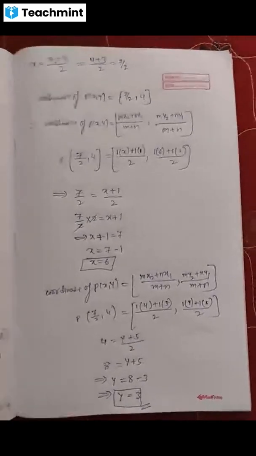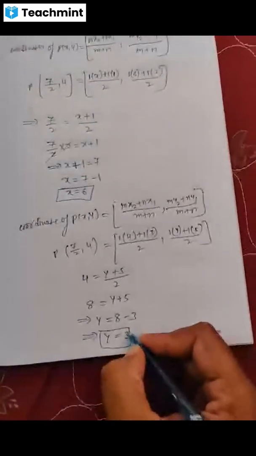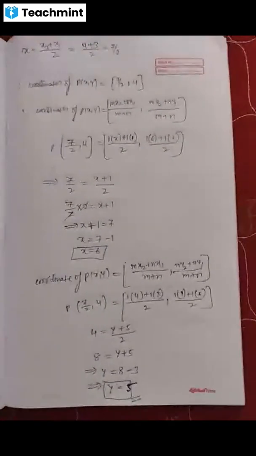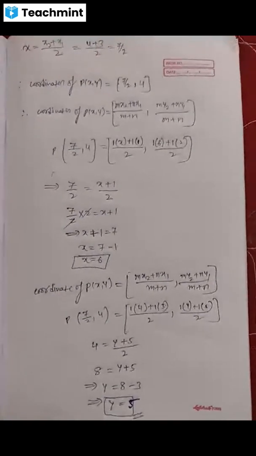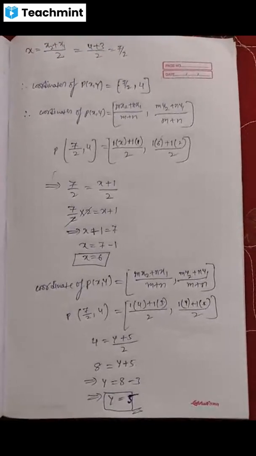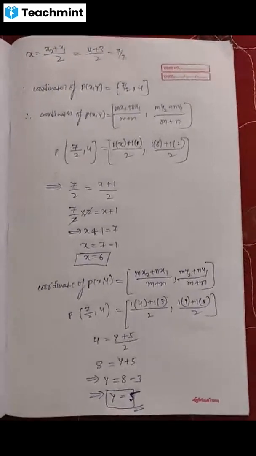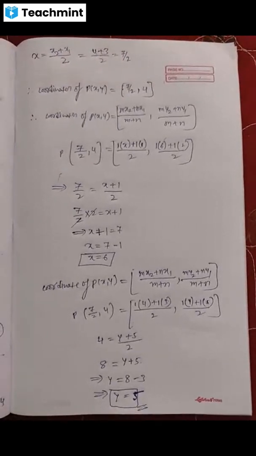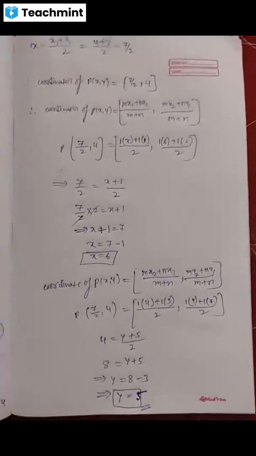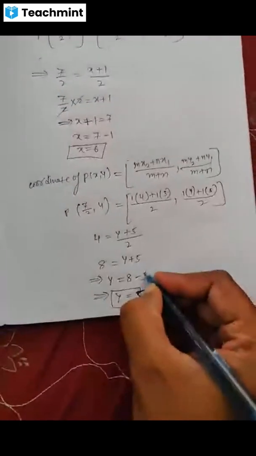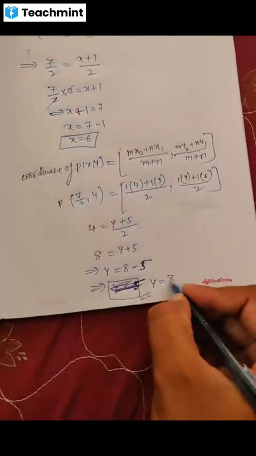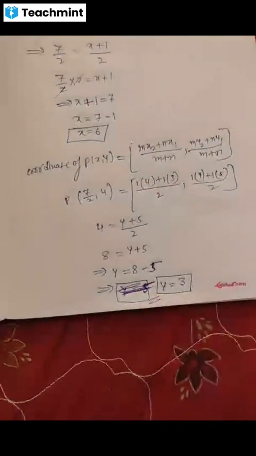You wrote 3. Yes, 5. It is 5. Sir, the last answer, y is equal to 3. y = 8 - 5, sir. I wrote 3 there. y is equal to 3. Yes sir.